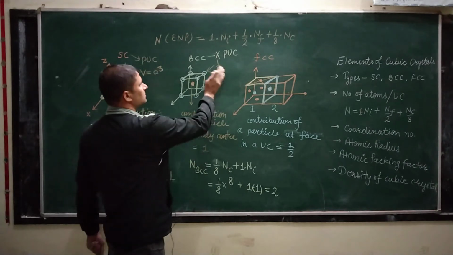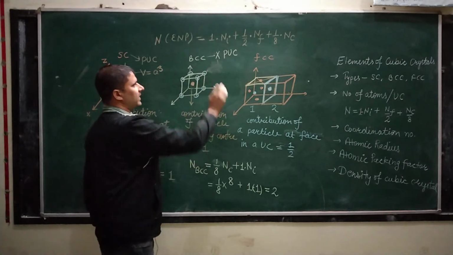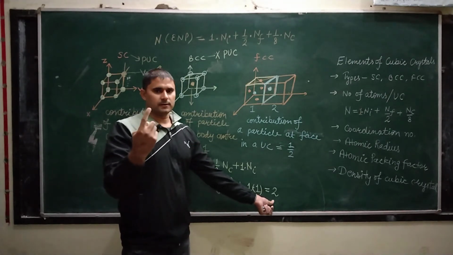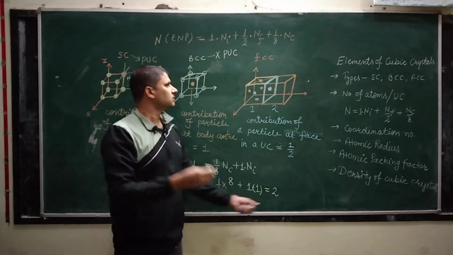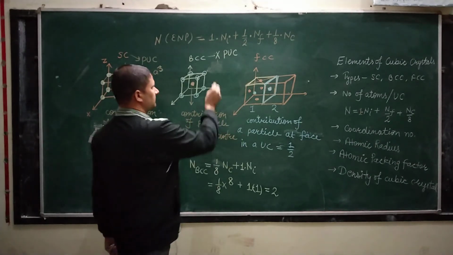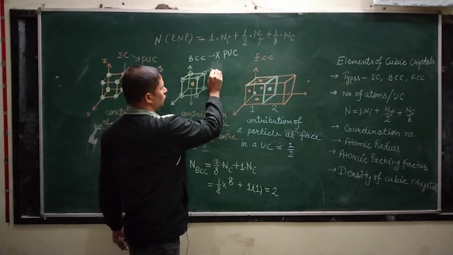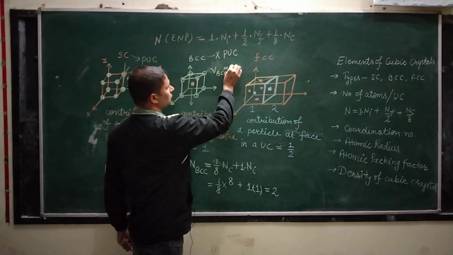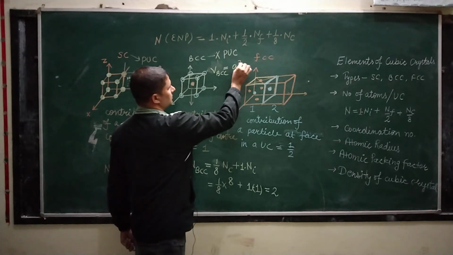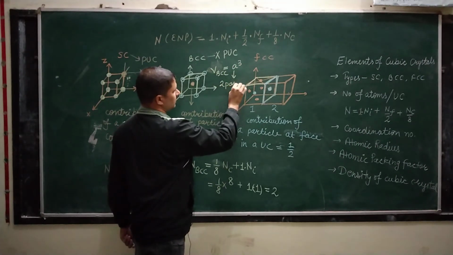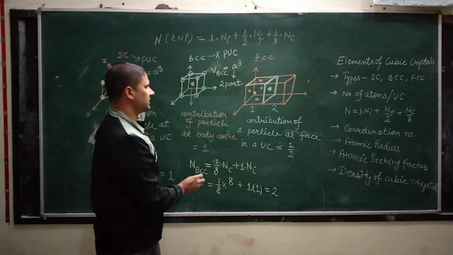So class, if you find the volume acquired by 1 particle, or the volume of the primitive unit cell, the volume of BCC is equal to a cube, and 2 effective particles are there.